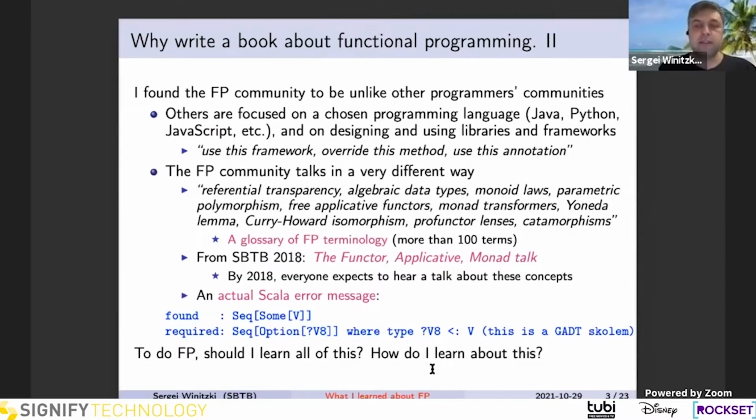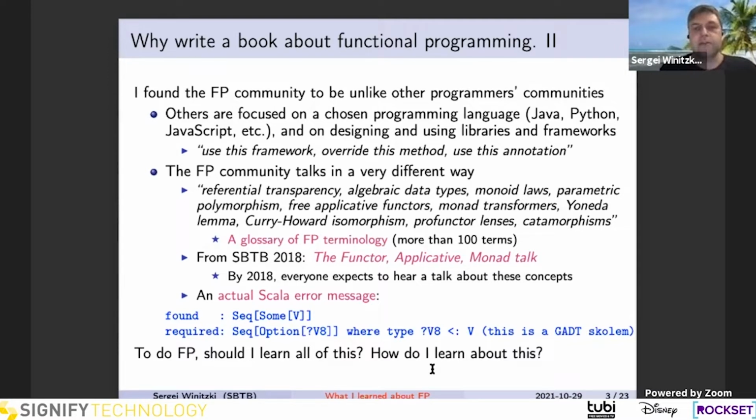While I was attending various meetups, I found that the functional programming community is very much unlike other communities of programmers like Java, Python, and so on, because those other communities focused on designing and using libraries and frameworks, and they talk like, let's override this method, use this annotation, make this config, let's call this function, and so on.